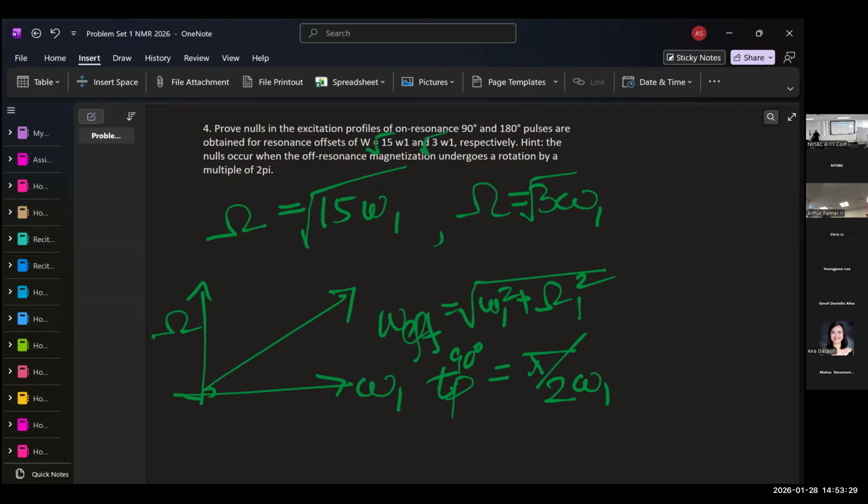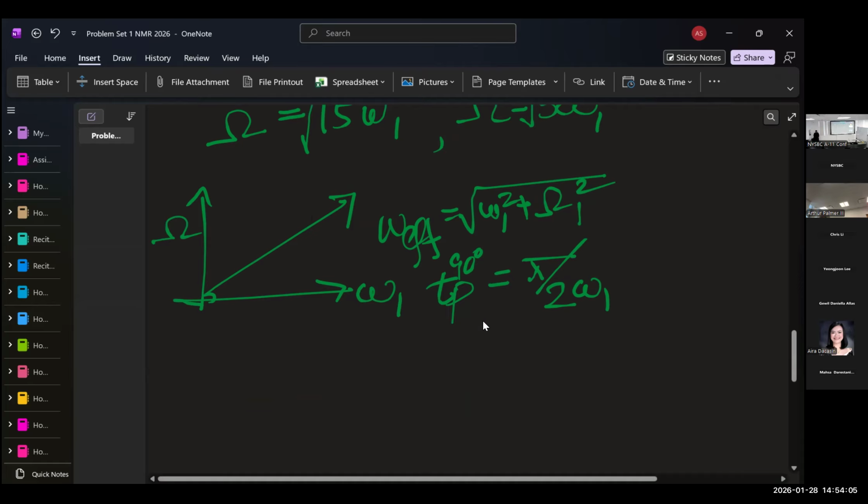So what this means is that while the target on-resonance magnetization does a perfect 90 rotation in this time period, the magnetization that is offset is experiencing this effective field which is at a certain angle relative to X. So it will do a perfect 360 rotation around this, or a multiple of 360 if you have a really large offset, and it will come back to Z at the end of that.